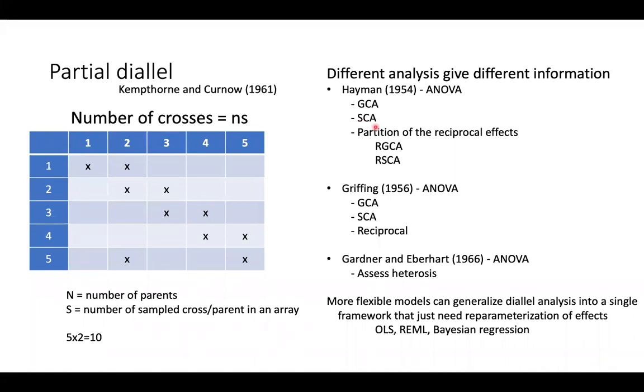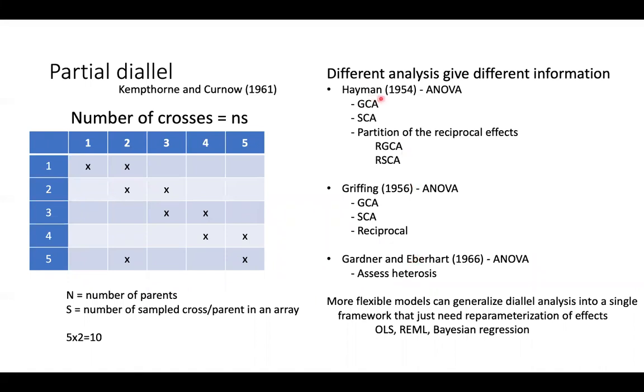And according to the literature, there are several classical ways for you to analyze that kind of data. You can go to Hayman's paper or to Griffing or Gardner and Eberhart, and each one of these models or ways to analyze your data will give you different information.